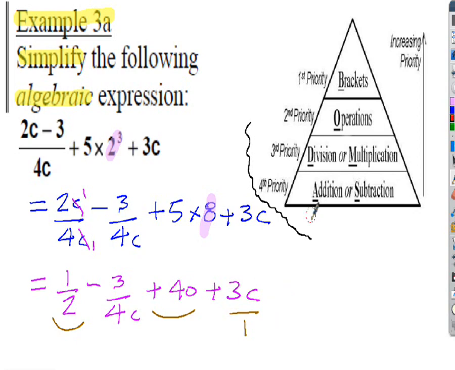So any simplification I can see here is to add the 40 and a half together. So 40 and a half, or 40.5, minus 3 upon 4c, and then add to that 3c. And that's as good as it gets as far as I can see there.